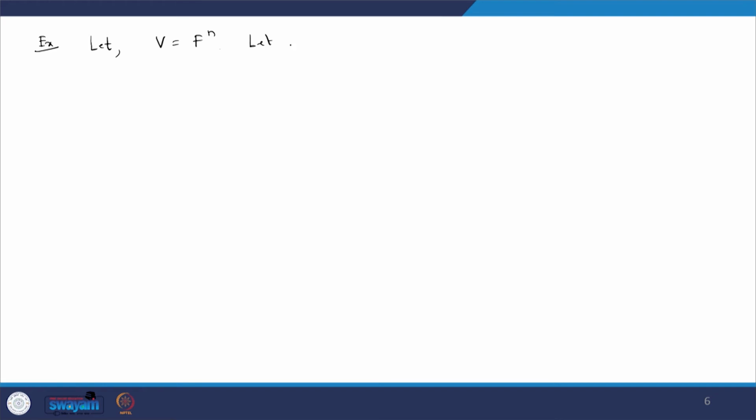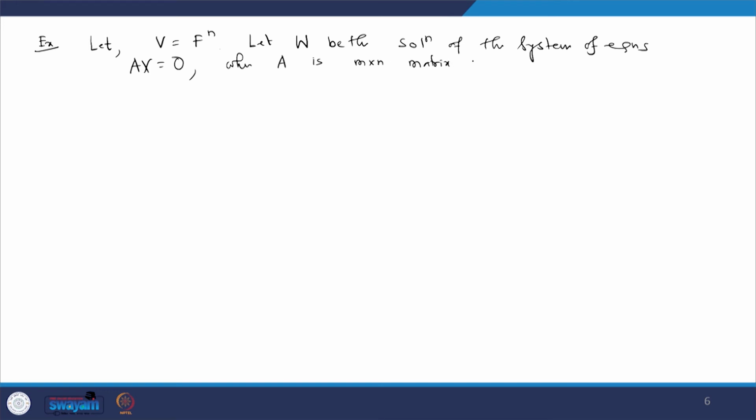And let W be the solution of the system of equations Ax equal to 0, where A is an m cross n matrix over F and capital X is an n cross 1 column matrix.